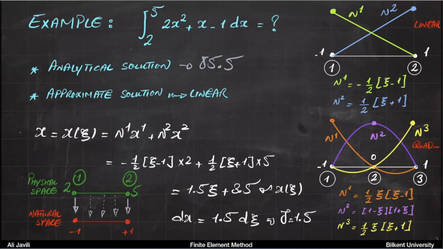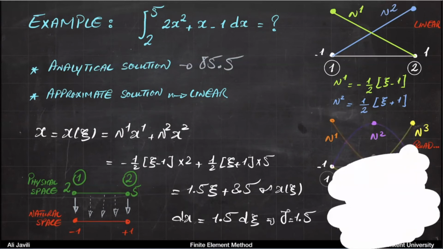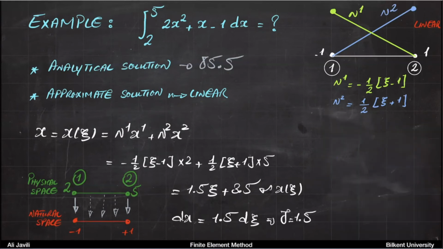Now all you have to do is to do that integral, and for that I'm going to remove the quadratic one on the side. Based on the information you have, you want to do the integral from 2 to 5 of what you have up there. All you have to do here is to insert this function.